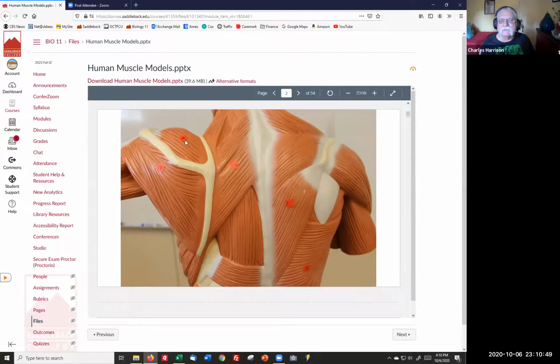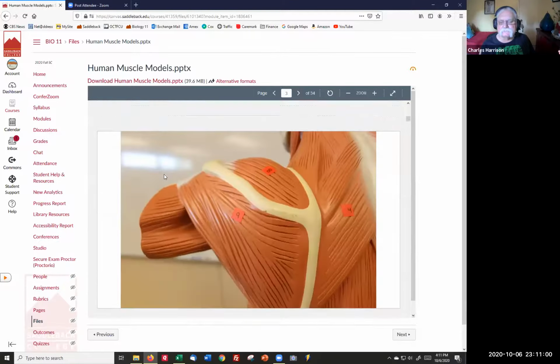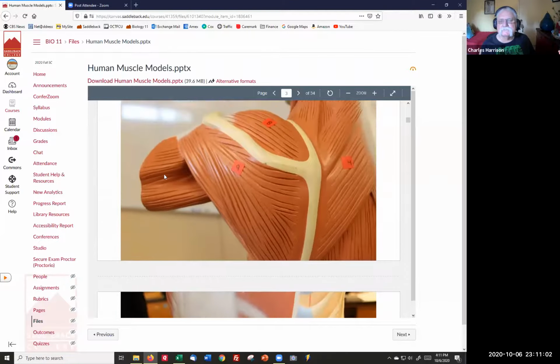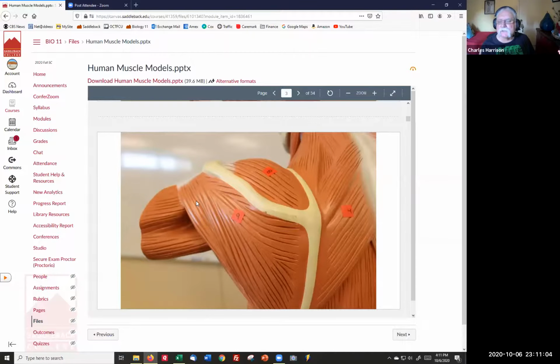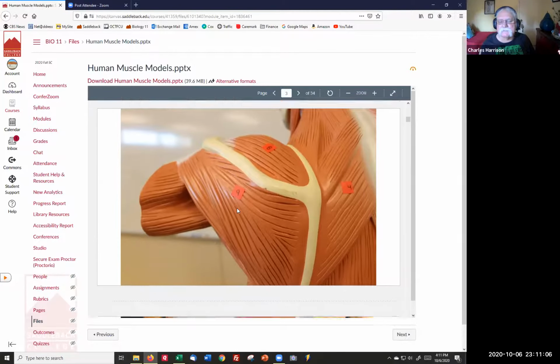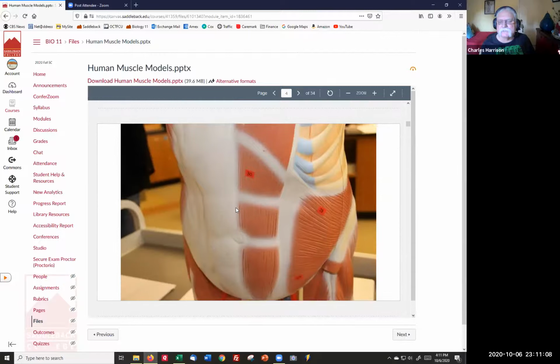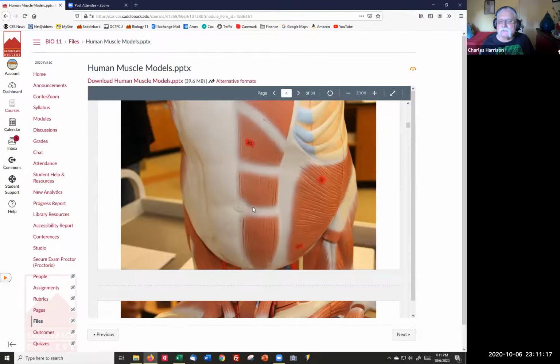8, supraspinatus. 9, infraspinatus, part of the rotator cuff muscle group. We've just seen these. The rectus abdominis. This is the internal oblique.